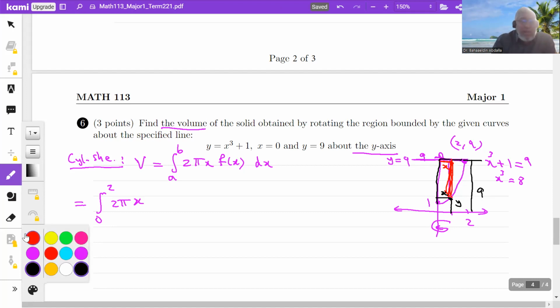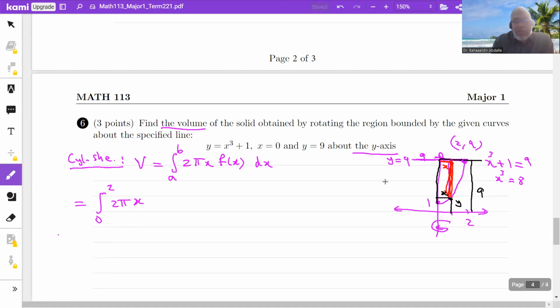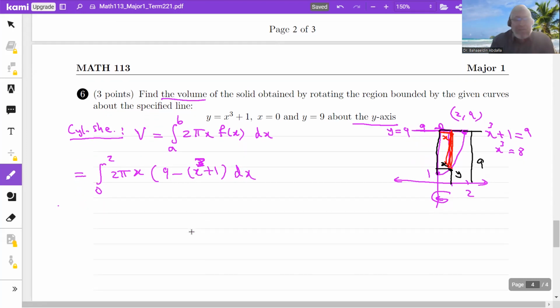So the red line segment, which is the height of the typical rectangle, would be 9 minus y. But I need it to be in terms of x, and y is x cubed plus 1. So it is 9 minus (x cubed plus 1) dx. So this will give you the volume.